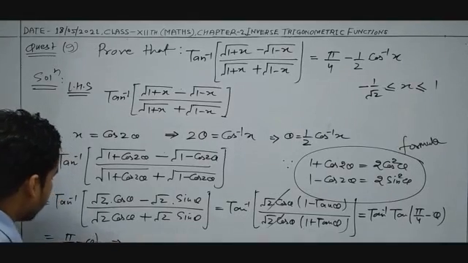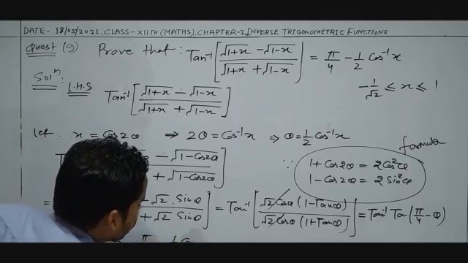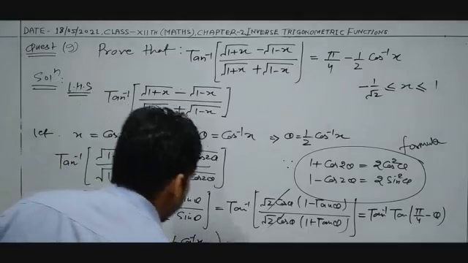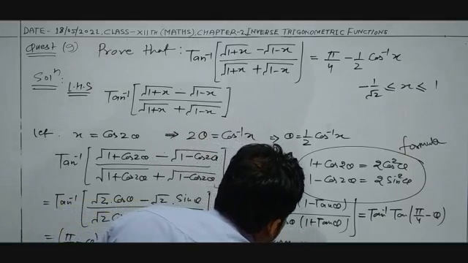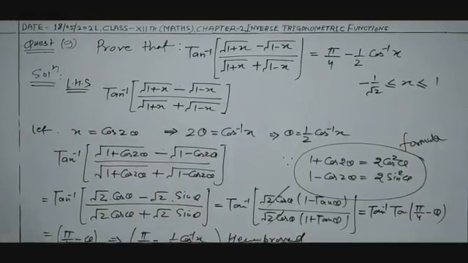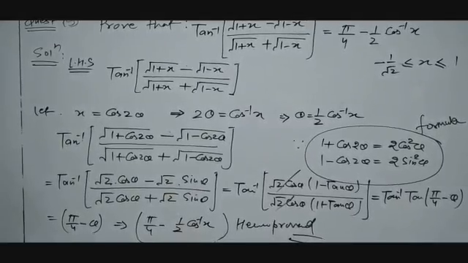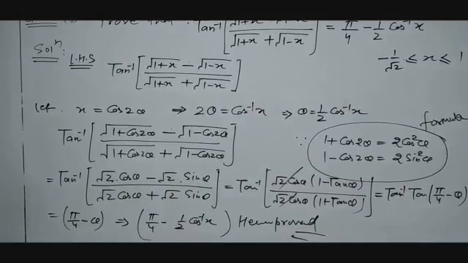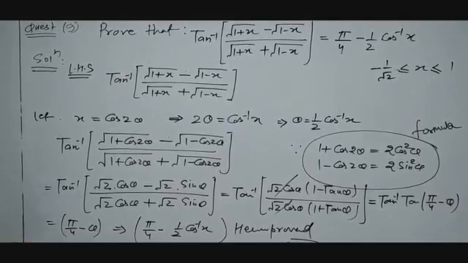This implies pi by 4 minus 1 by 2 cos inverse x. So this is our proof. Hence proved. Now this miscellaneous exercise is totally completed.